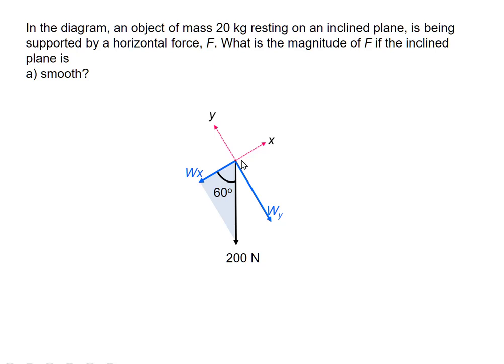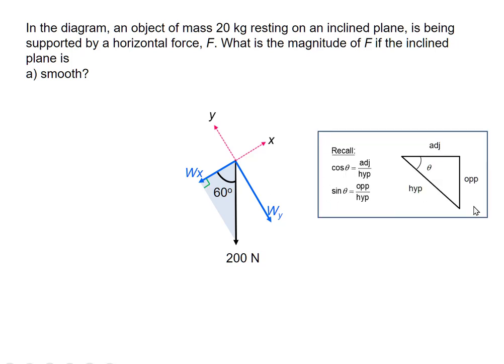So you should have learned previously that this is a right angle and we'll use the trigonometric functions, either the cosine or sine. So just as a recap, this will then be the adjacent, since this is the angle and this is the hypotenuse, as indicated from the diagram here.